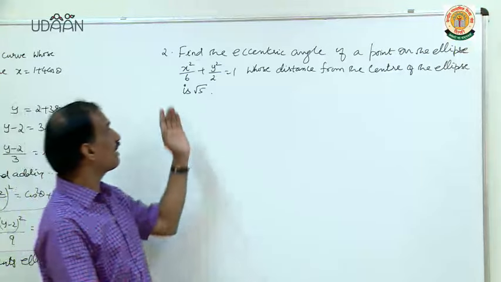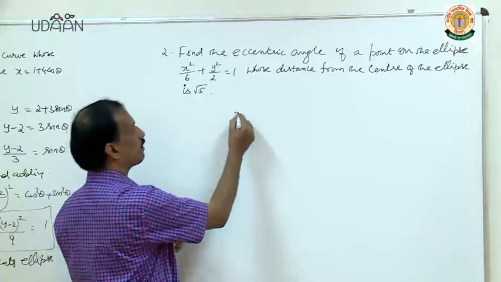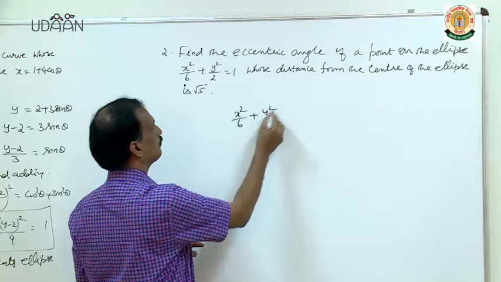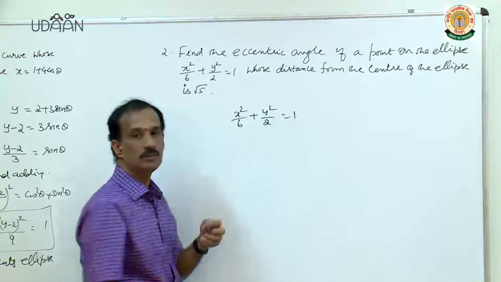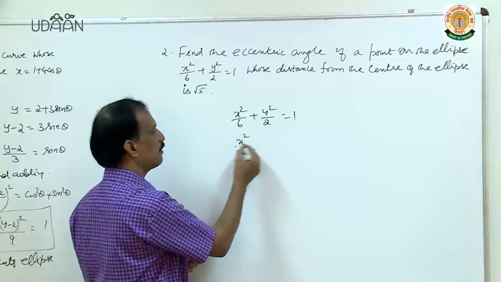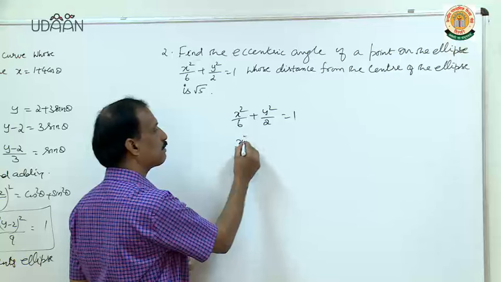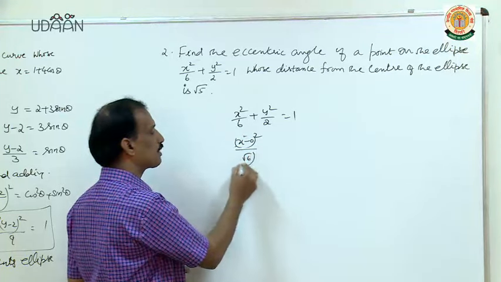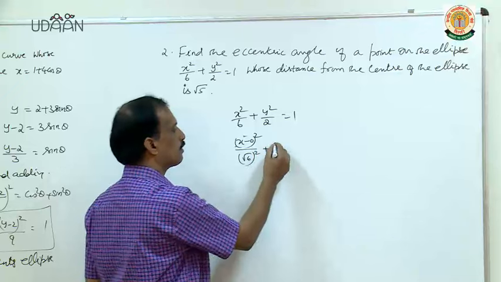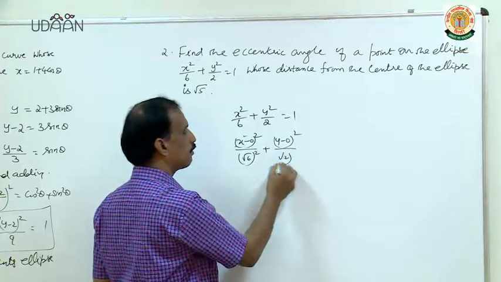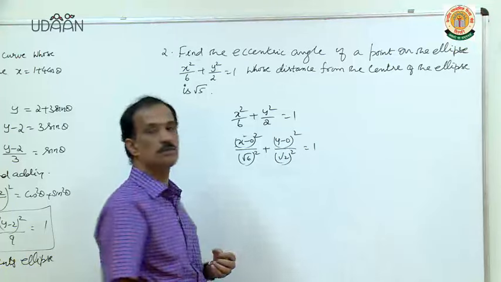So we are given the equation of the ellipse. We can rewrite this as x minus 0 whole square by root 6 square plus y minus 0 whole square by root 2 square equal to 1.